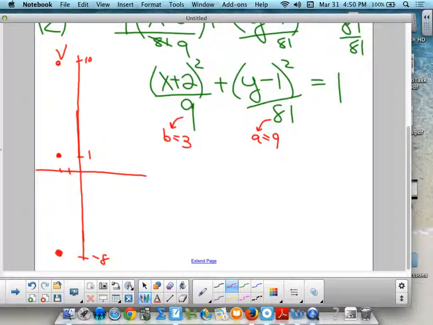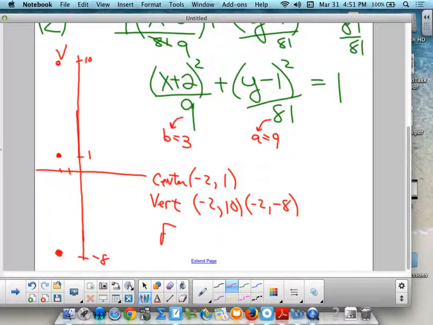Right? So here we go. Your center is negative 2, comma 1. Your vertices are up 9. We'll add 9 to the 1 and get 10. Subtract 9 from the 1 and get negative 8.